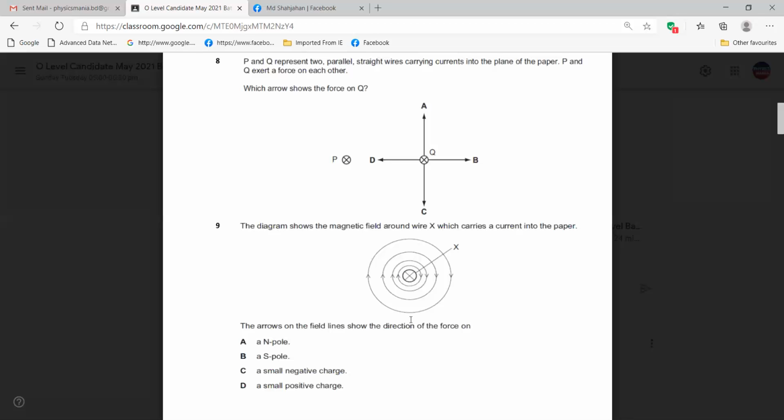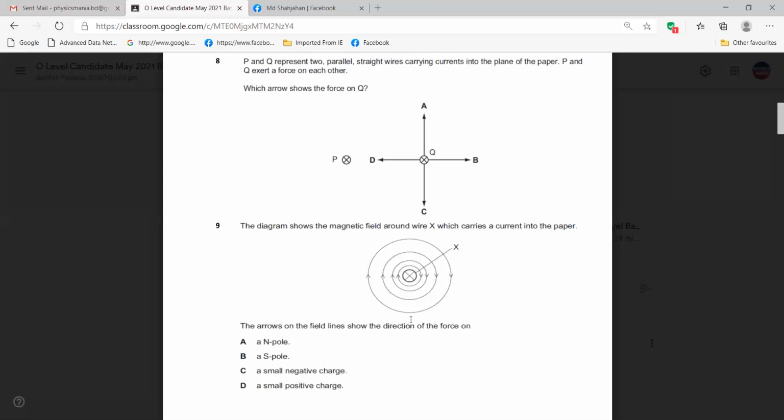I got it. The direction of the field lines, the arrows on the field lines, show the direction of force on a North Pole. Yes.